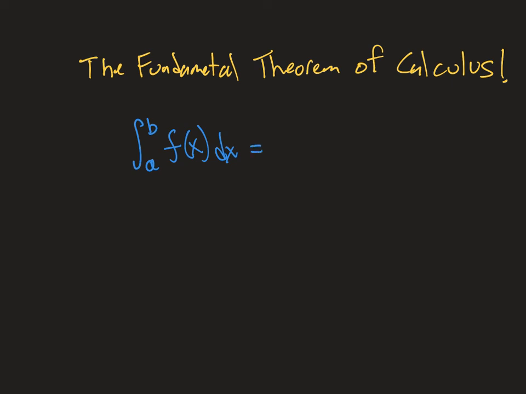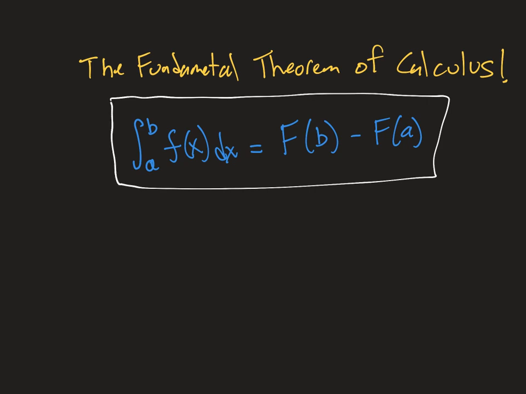And we now know that that value is capital F of B, sorry, I wrote it backwards. It's got to be B first. Capital F of B minus capital F of A. We replace the C with that. And this stinker is one part of the fundamental theorem of calculus.